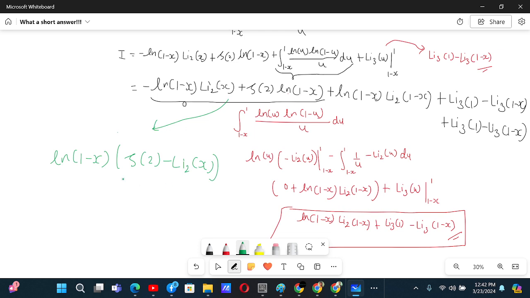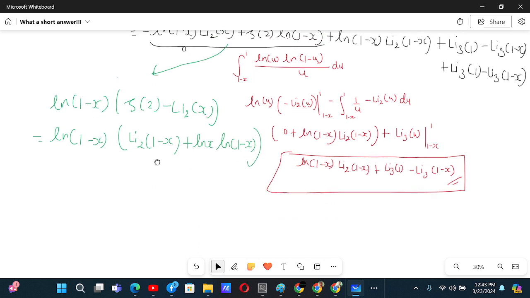And now again using Euler's reflection formula for the polylogarithm function, Riemann zeta of 2 minus Li2 of x is Li2 of 1 minus x plus ln x ln 1 minus x.